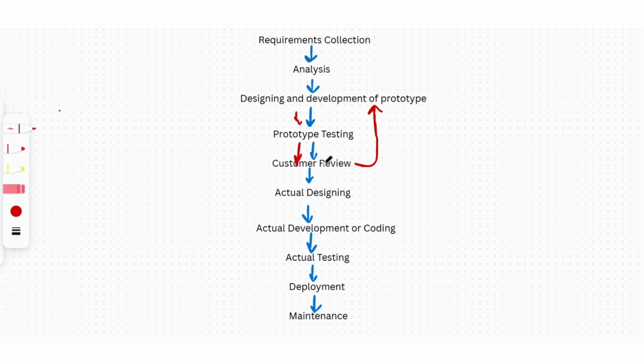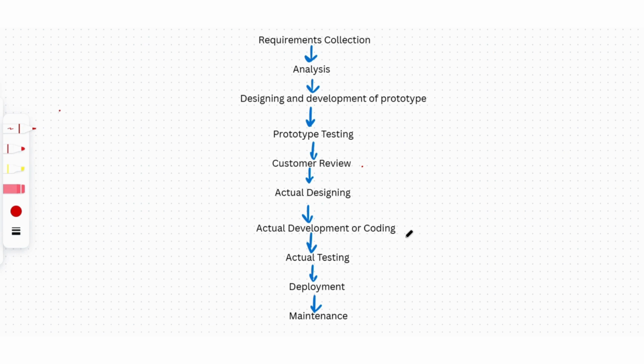After the customer review is okay, the next stage is the actual designing. In the actual designing, only the architectural designing is done because the UI UX is done at the prototype designing and development stage. Next one is the actual development or coding.